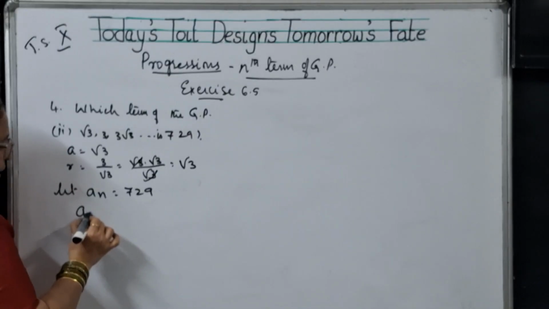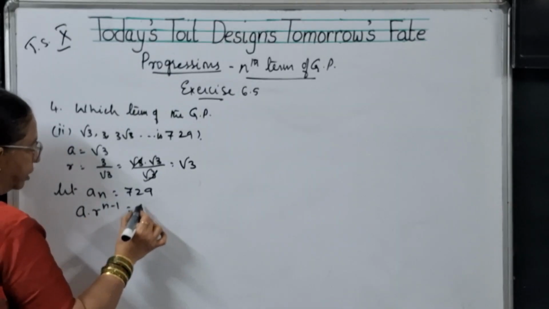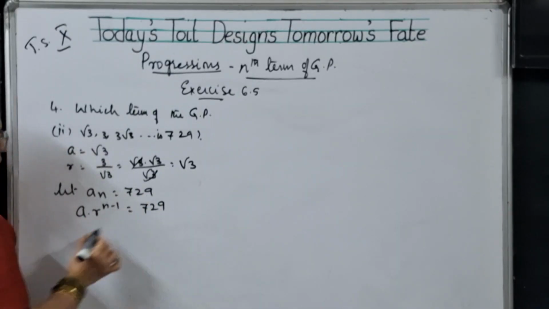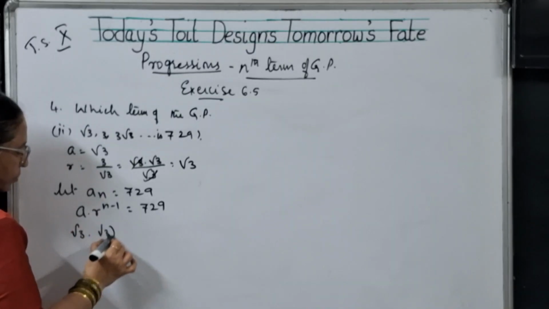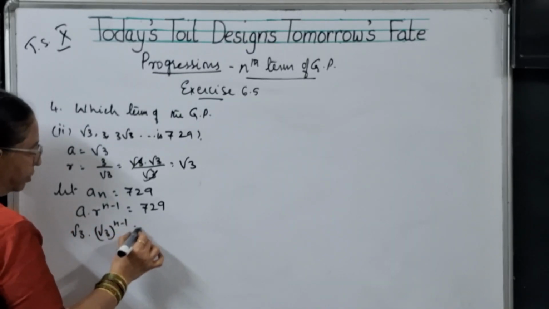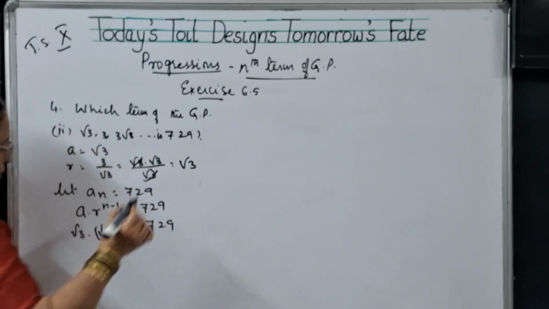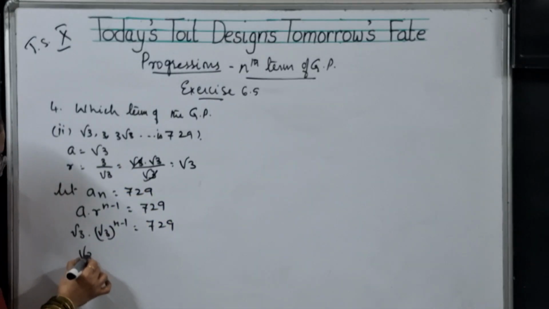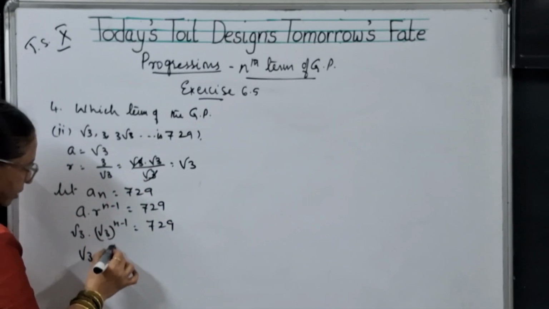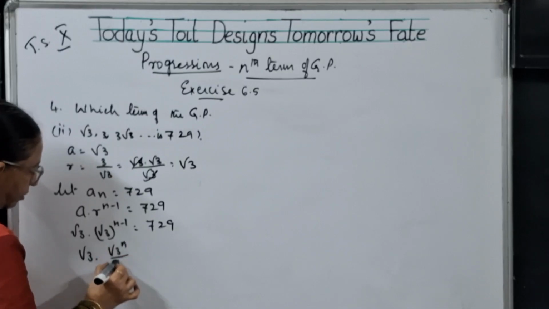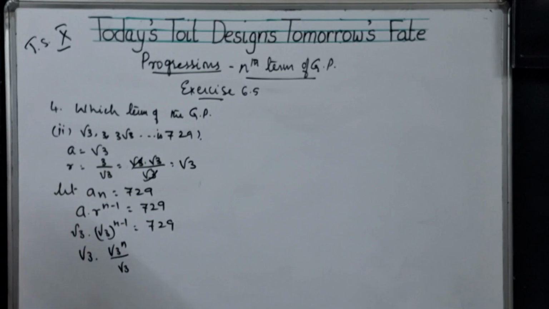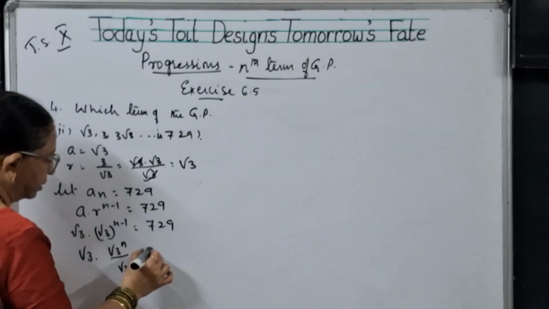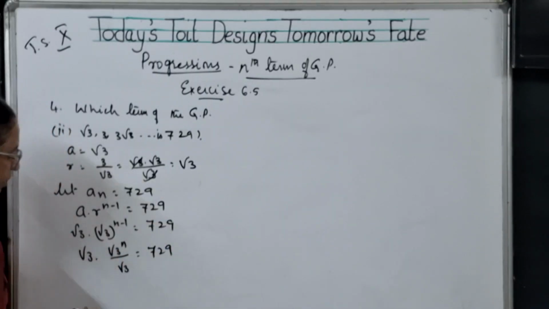That means A into R to the power of n minus 1 is 729. A is root 3 into R is also root 3 to the power of n minus 1 is 729. This can be written as root 3 to the power of n by root 3 because n minus 1 is there.